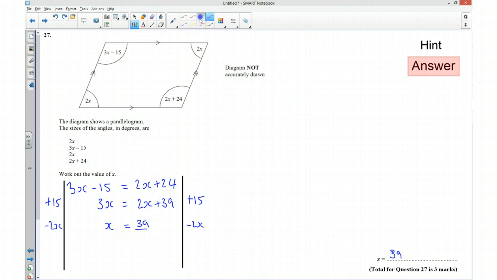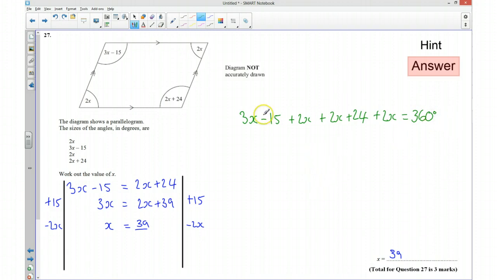Okay, I can actually do this in a different way as well. So we're going to have a look at this other method, and that's spotting that all of these angles add up to 360 degrees. So that means 3x take away 15 plus 2x plus 2x plus 24 plus 2x, all of those add up to 360 degrees.